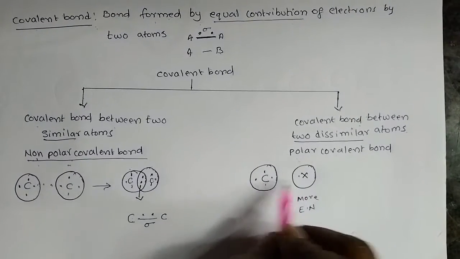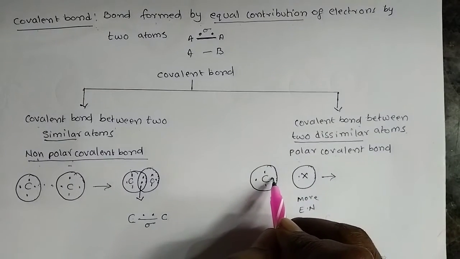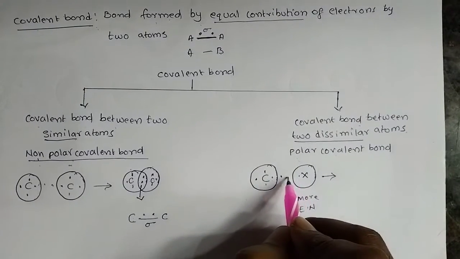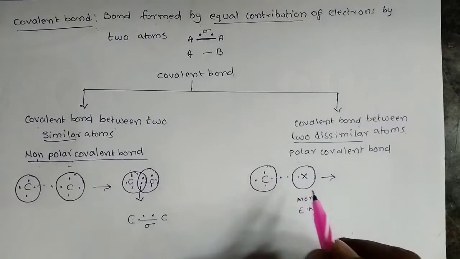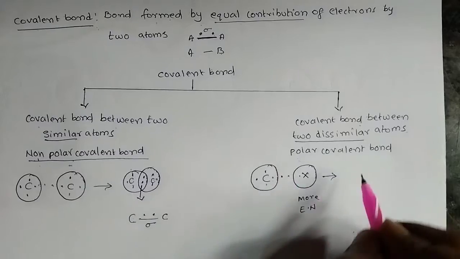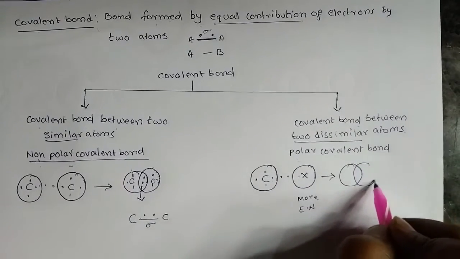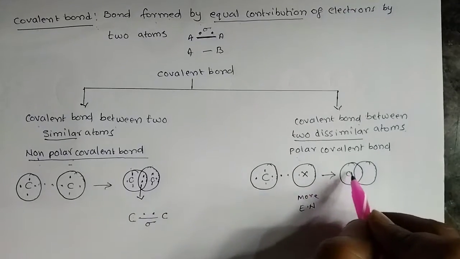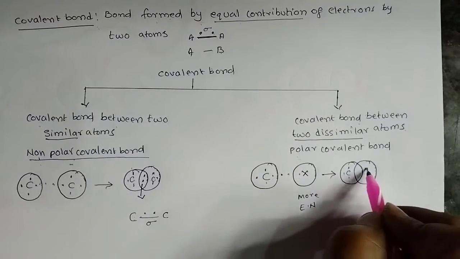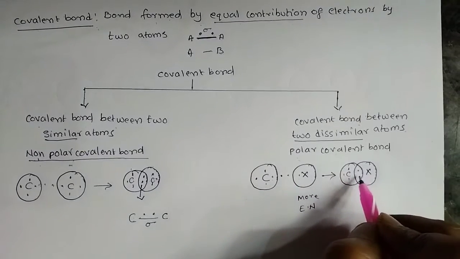Now the bond is formed between two atoms. Here from this carbon atom one electron is shared. Sorry, this is not a carbon atom, this is a halogen. From the halogen it shared one electron. During the bond formation, 1, 2, 3, X, these two electrons occupy the center.